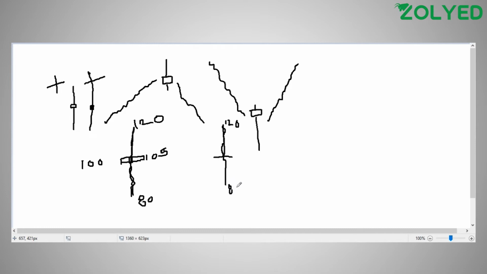Now this is the fun part: again the bulls took charge, and it went high, high, and high, and it reaches up to 95. So this is basically a black colored doji. So friends, now you have understood how a white doji and a black doji actually look.